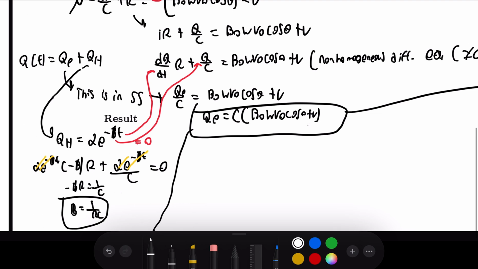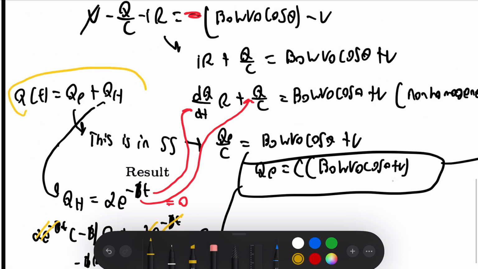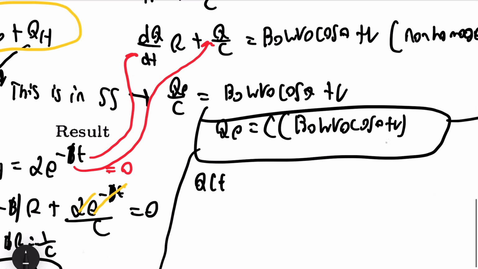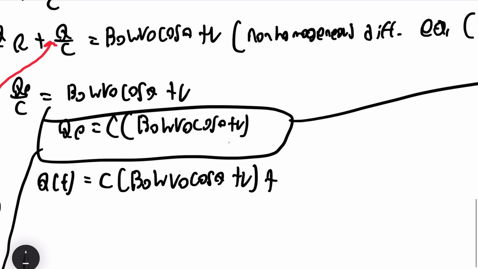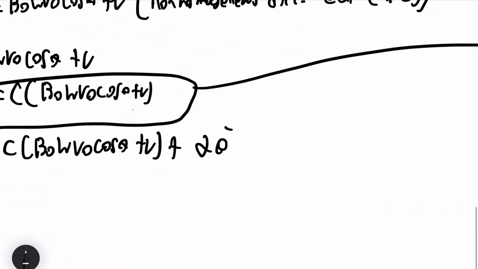So now that I found beta, I'm going to plug everything back into this equation in yellow. And then I'm going to solve for alpha by using my initial condition. So q at t is q particular, which we found is c, beta naught w v naught cosine theta plus v, plus q homogeneous, which is alpha e to the negative beta t, which is t over rc.